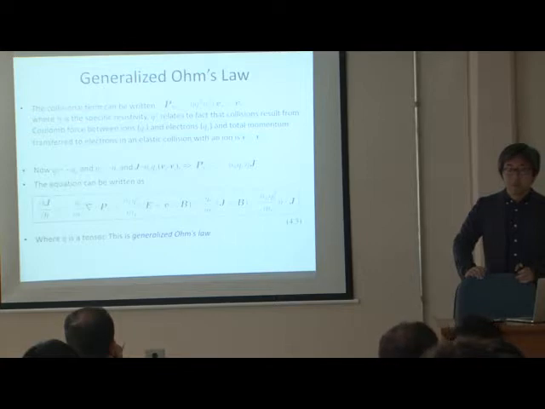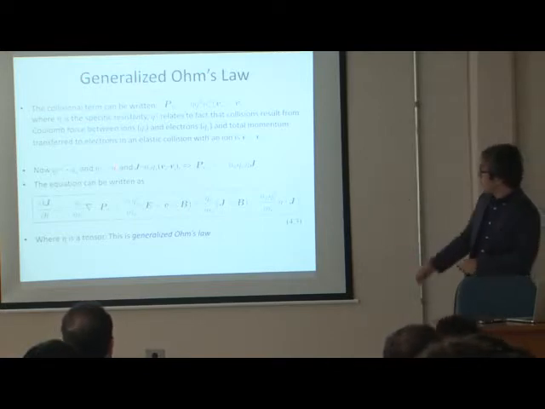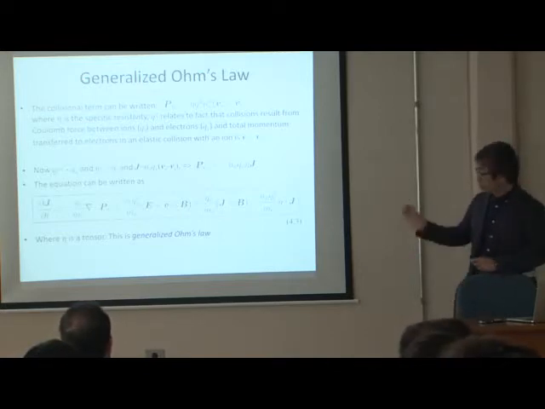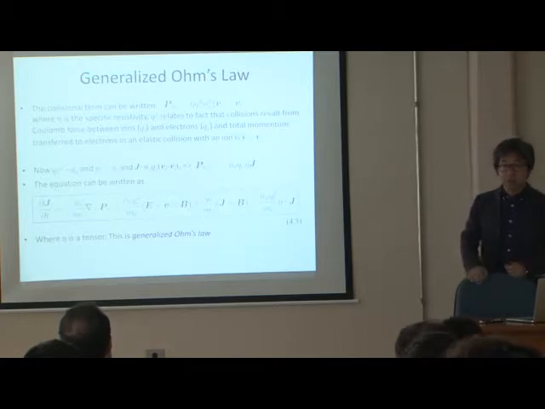But you are right in the sense that, of course, we do not have the time to discuss the whole effect. I think we can catch up with it in the general Ohm's law, which includes the Hall effect. I will talk a little bit more later.